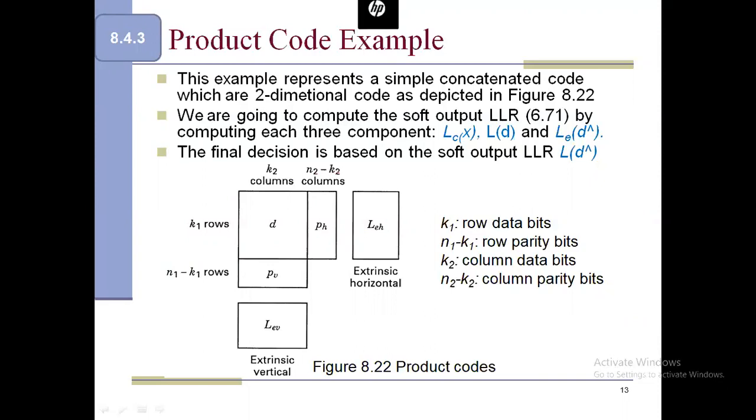You can assume it as two encoders. One is adding the horizontal parity with a code rate of K2 by N2, and that parity is N2 minus K2, and the vertical parity will be added by another encoder, and that has a code rate of K1 by N1.